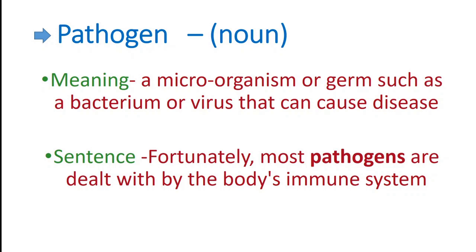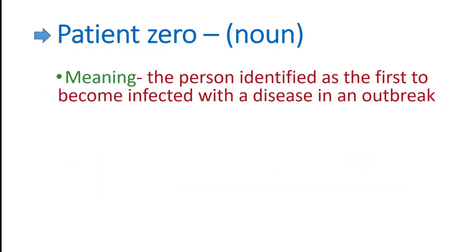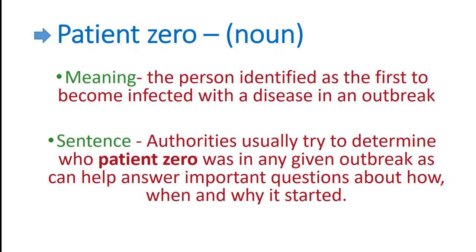Patient 0. Noun. Meaning the person identified as the first to become infected with a disease in an outbreak. Sentence. Authorities usually try to determine who patient 0 was in any given outbreak, as it can help answer many important questions about how, when and why it started.